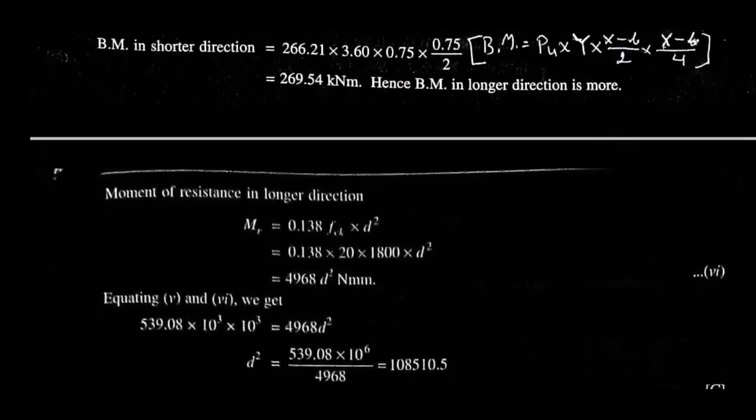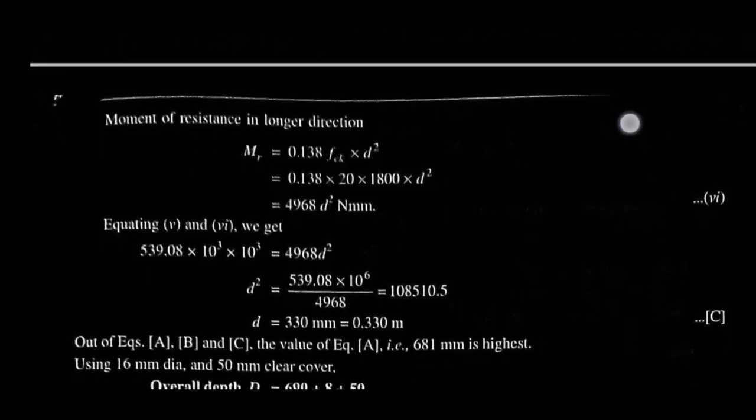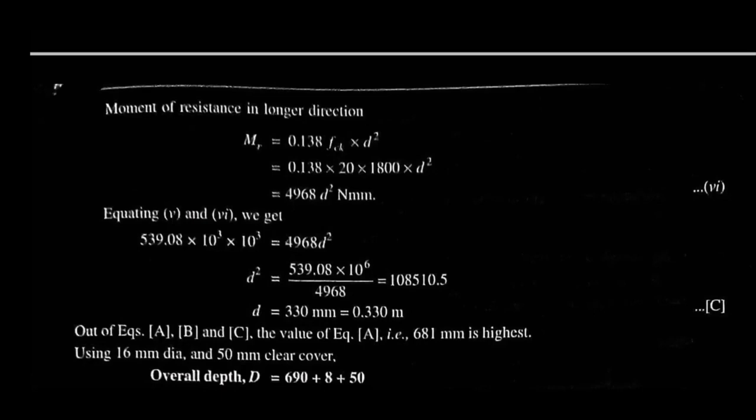Now moment of resistance in longer direction Mu is equals to 0.138 FCK into d square, that is equals to 0.138 into 20 into 1800 d square, that is equals to 4968 d square Newton mm. Now we have to equate equation 5 and 6 to calculate the value of d.